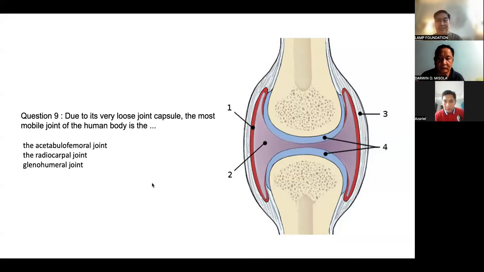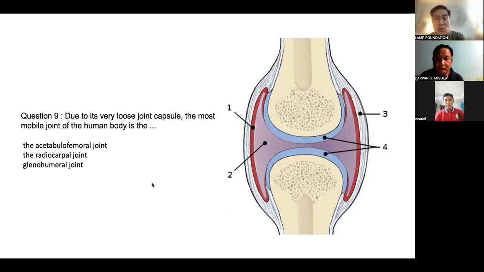Nasaan si glenoid fossa? Nasa number 3. So, ituro mo. Andyan lang sa upper part ng body mo. Turo mo na saan siya.